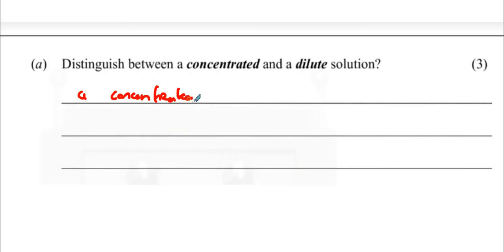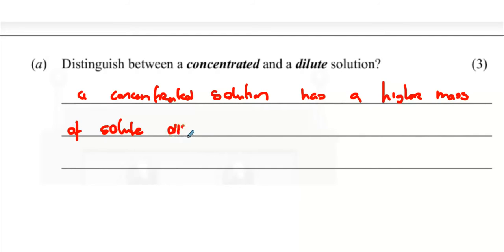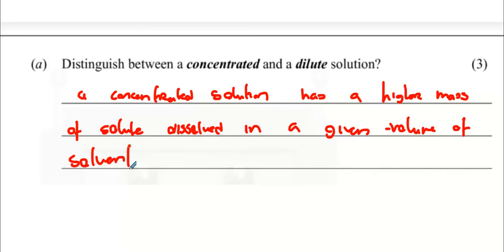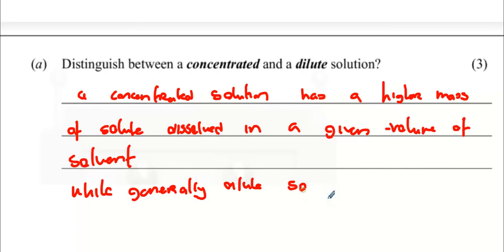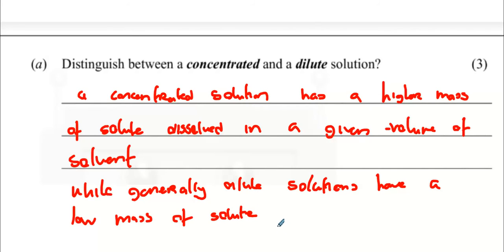A concentrated solution has a higher mass of solute dissolved in a given volume of solvent, while generally dilute solutions have a low mass or low amount of solute dissolved in a given volume of solvent.